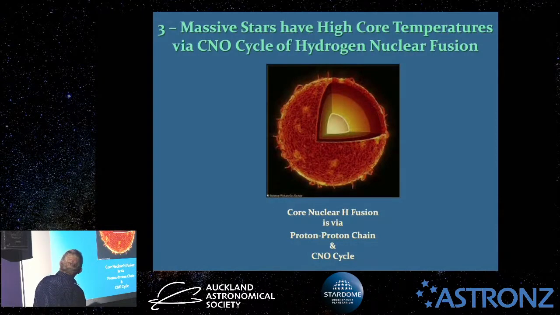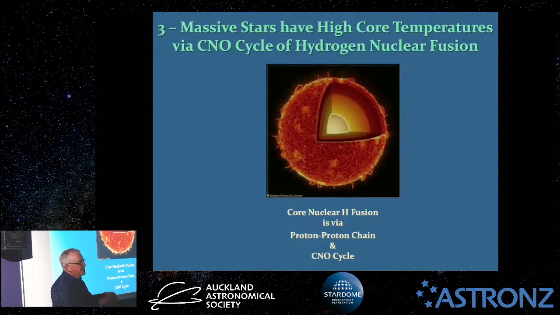Okay, principle number 3. Massive stars have high core temperatures via the CNO cycle of hydrogen nuclear fusion. What does all that mean? Okay, so stars, as we mentioned, spend 90% of their lives on that main sequence burning hydrogen to helium in their core. There's 2 ways they can do that. One is the proton-proton chain, which is a series of reactions involving nuclear decay, and that produces so much energy per temperature.